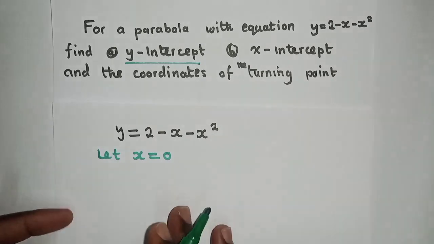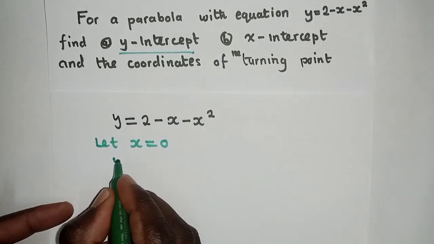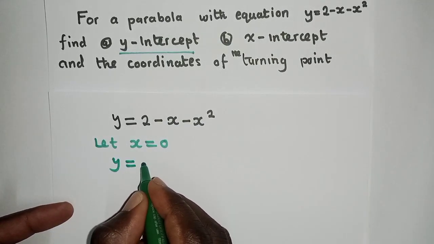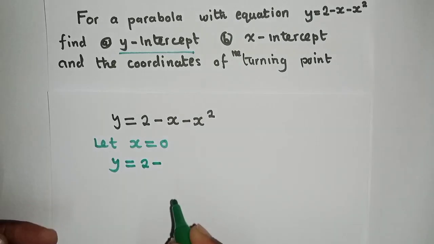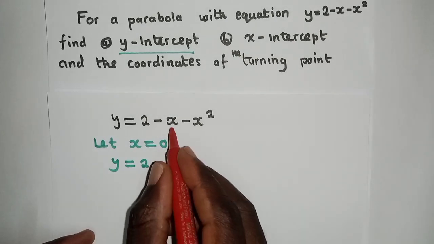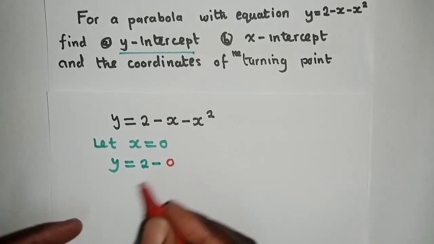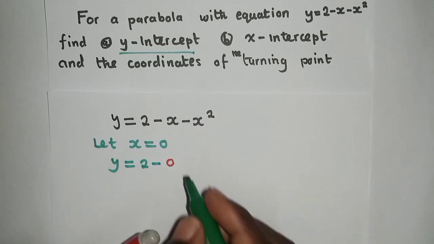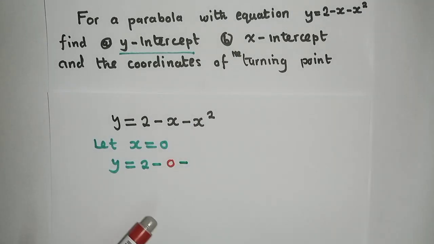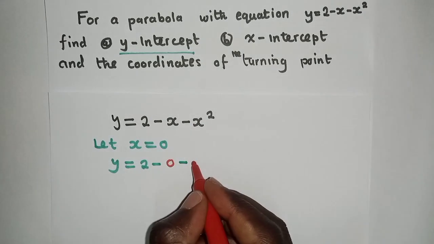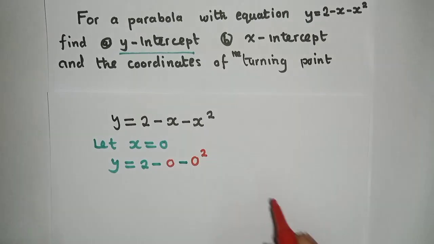So when x is equal to 0, we have a 2 minus, right here we have a 0 where x is, minus another 0 and the power 2.